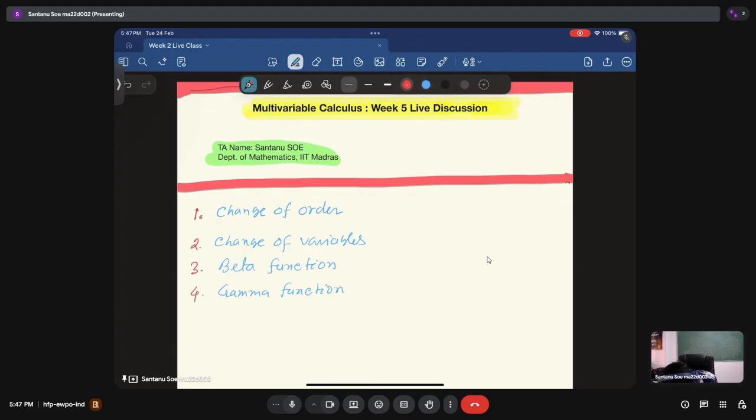And another lecture was on properties of beta function and gamma function. So this is properties of beta and gamma functions.